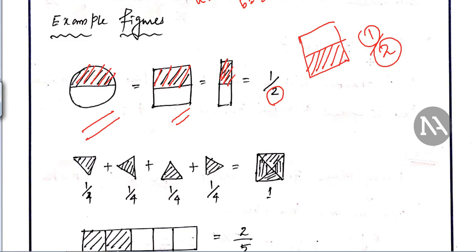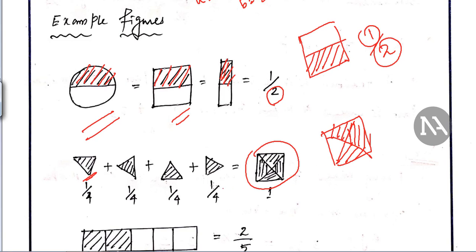Right? Similarly, here the square has been divided into 4 parts. This is the top portion, this is the side portion, this is the bottom portion, and this is the left side portion.